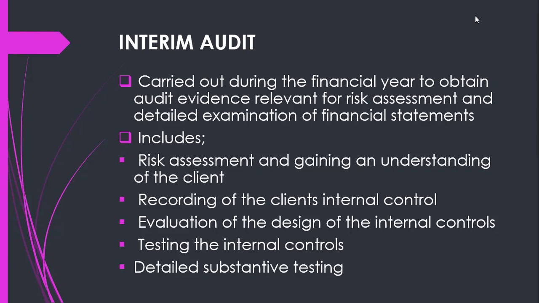How do we test? Let me give an example of sales. We go into the client's business, maybe we get one invoice, then we follow it through the books. We ask, this invoice, was it recorded? Yes. Where was it recorded? We check, okay, it was recorded on this day.